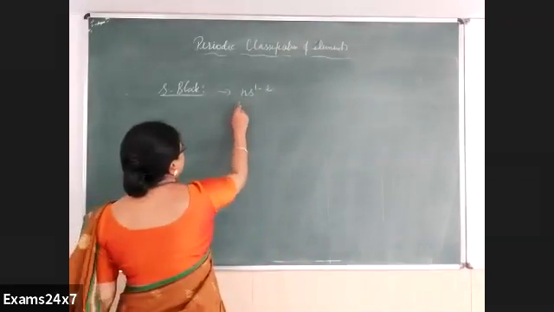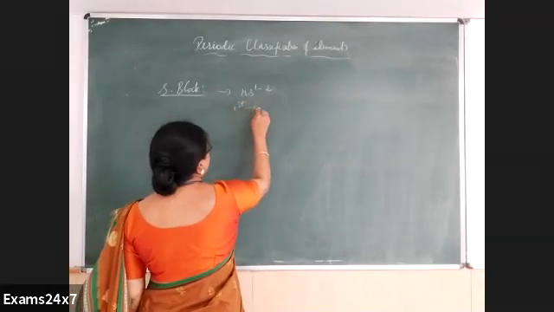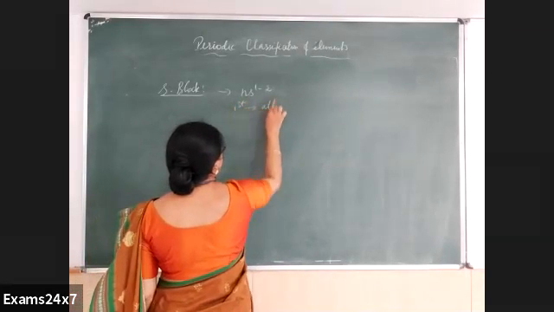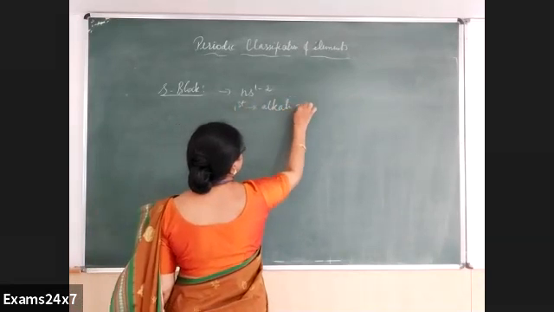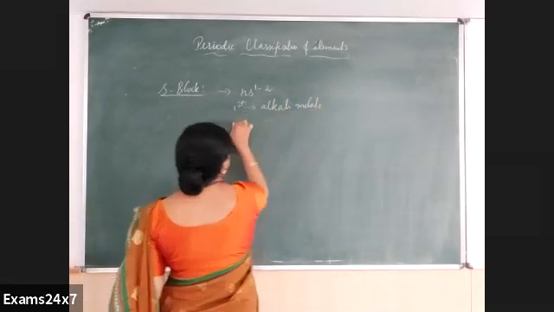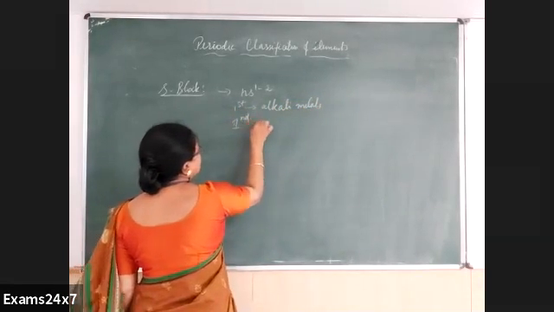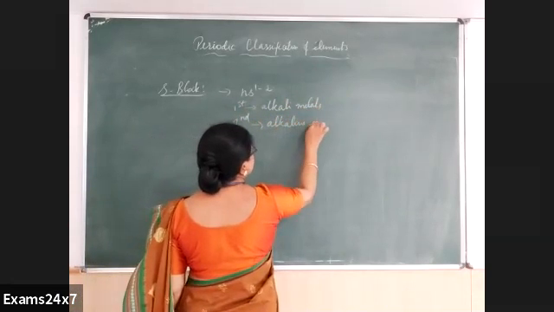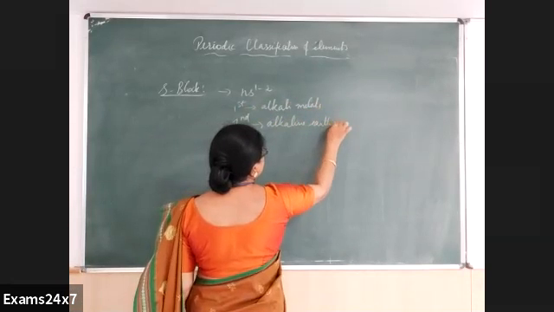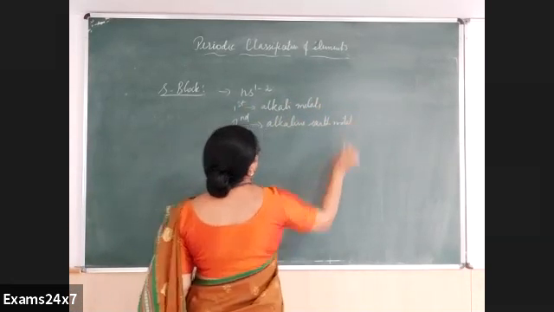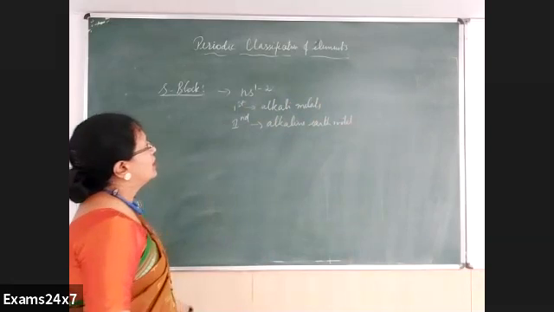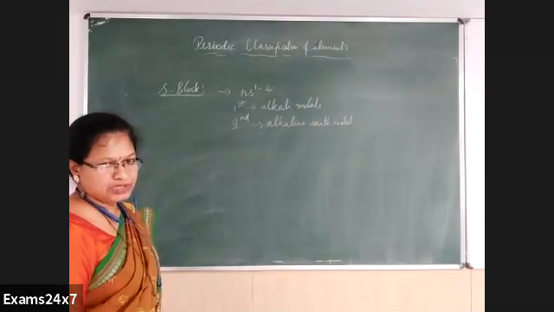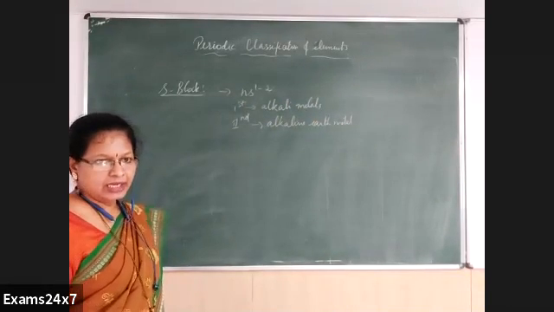Second group elements are alkaline earth metals. Very good. Their outer shell configuration is ns1 and ns2.